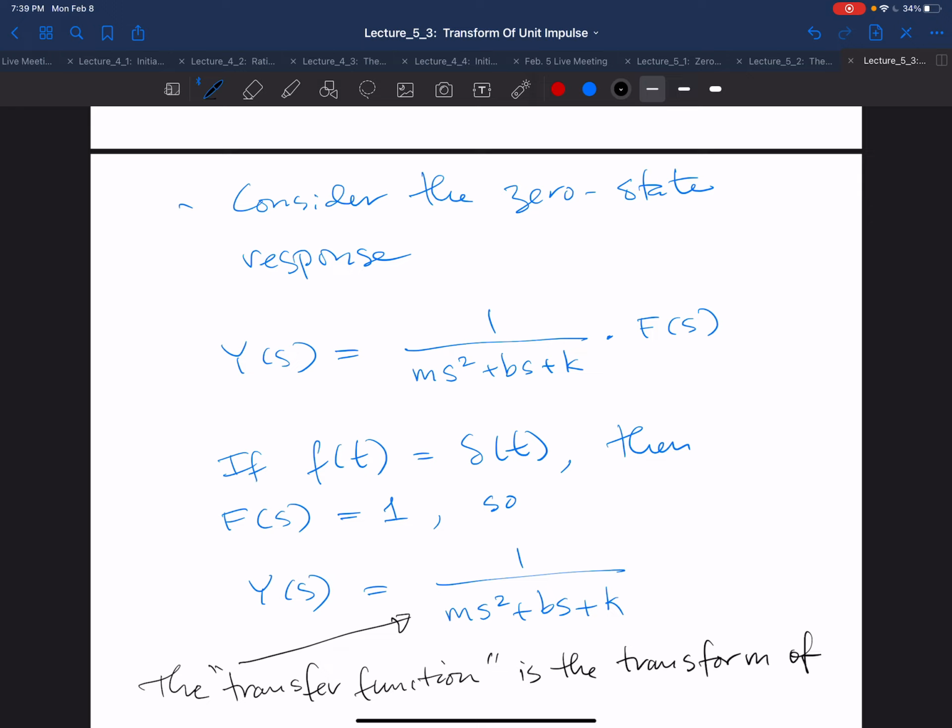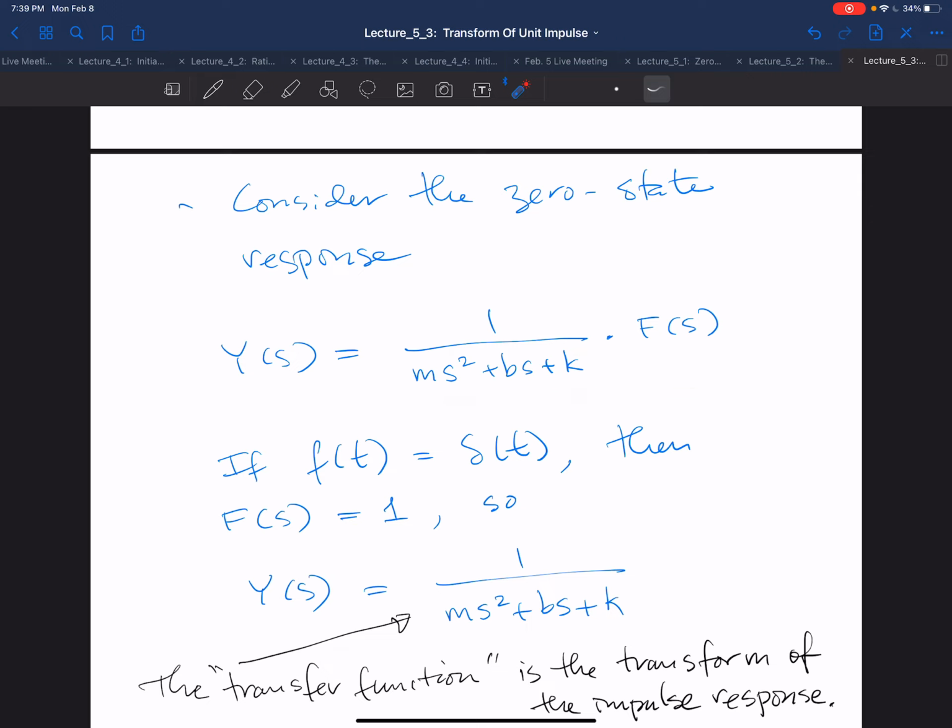We call it the transform of the impulse response of the system. If all of the initial conditions are zero and our input takes the form of a unit impulse, the response that we get is what we call the impulse response, and its transform is this transfer function. That obviously plays an important role in determining the zero state response.